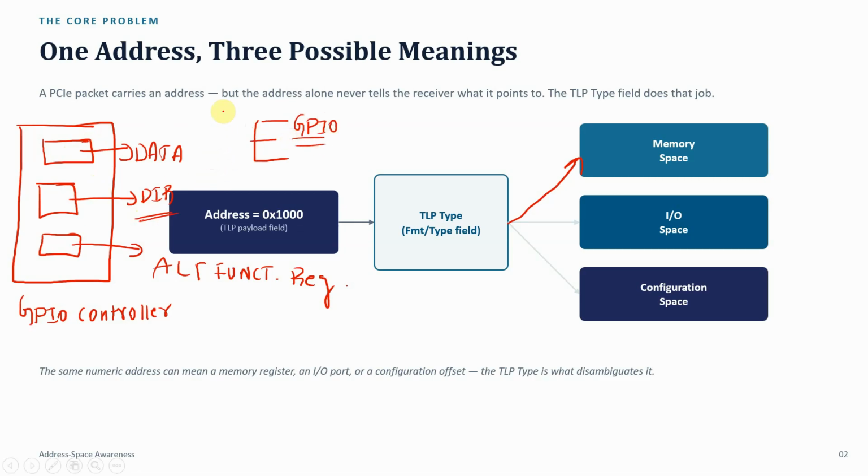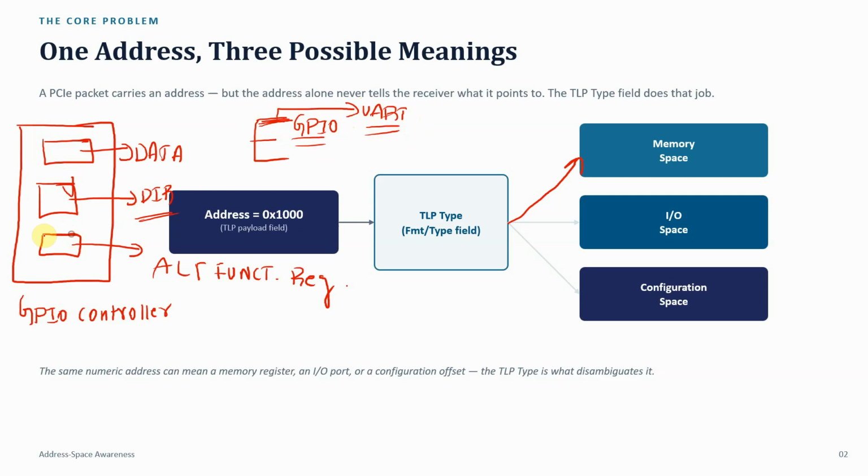If my processor wants to configure the GPIO pin as an output or an input, it is not going to directly access the GPIO pin. It is going to configure this direction register. Or suppose my processor wants to configure this GPIO pin to act as a UART pin, so it can have an alternate function. How is it going to configure this pin?